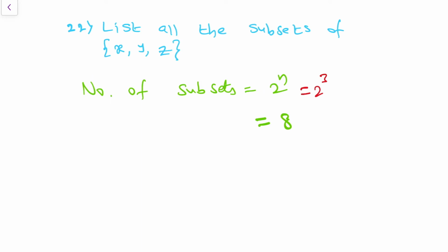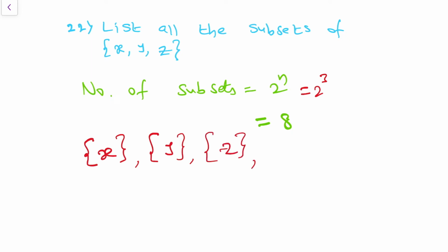So let us check, while writing subsets, whether we are getting 8 or we are missing anything. Now write one element alone. First element x alone, comma, second element y alone, comma, third element z alone. Now alone elements are completed.